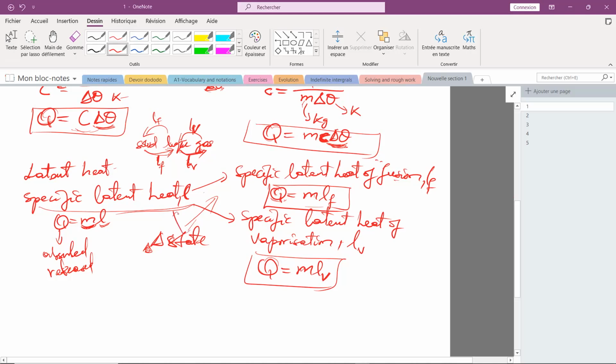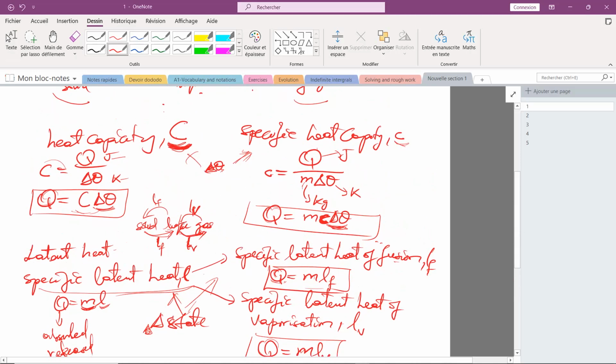Whenever there is a change in temperature, we shall talk of specific heat capacity or heat capacity. You understand? So take note of that.